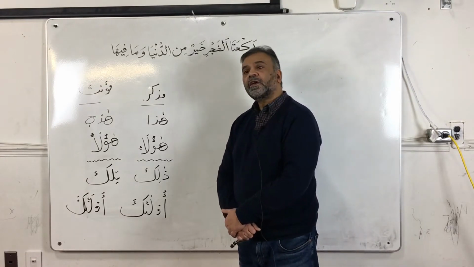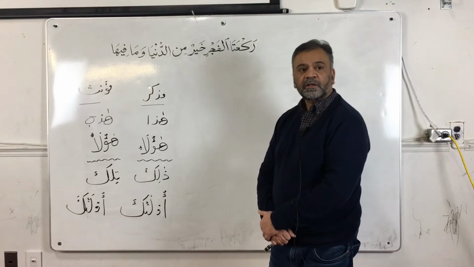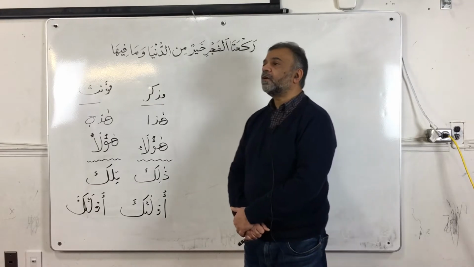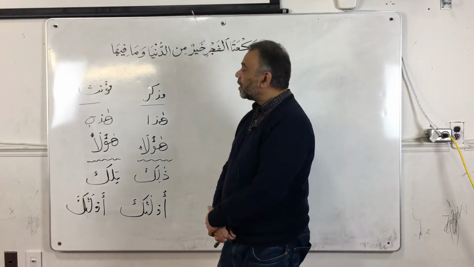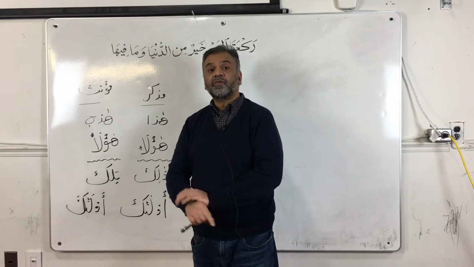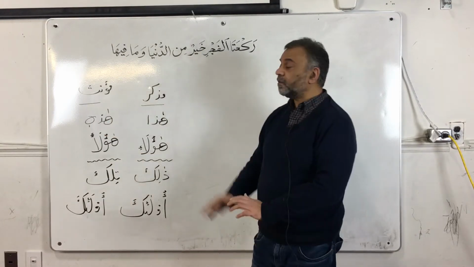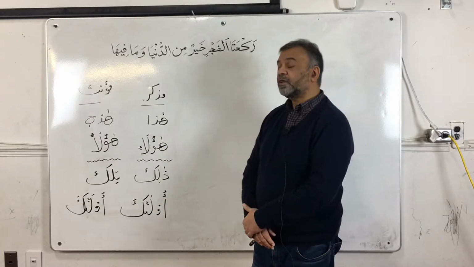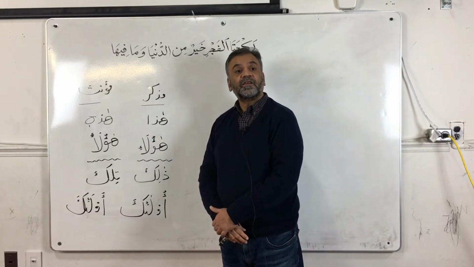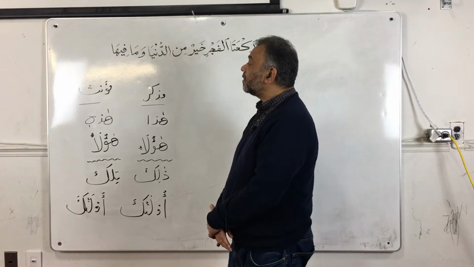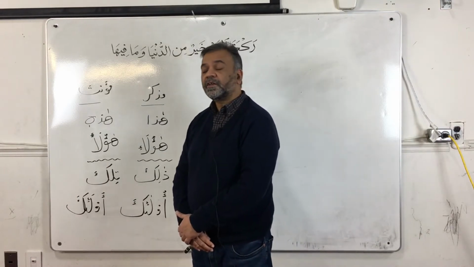If I am using the ismu ishara lil qareeb for feminine gender and it is singular, it is hazihi. So, when it is singular, muzakkar is haza, and when it is singular feminine gender it is hazihi.